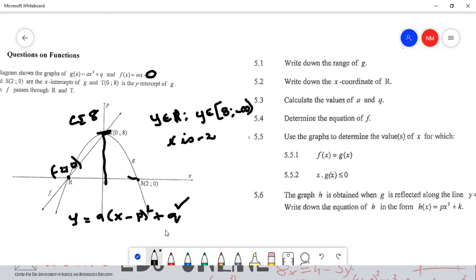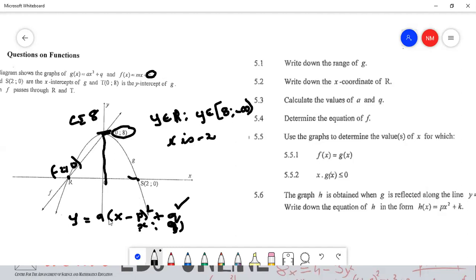P is the value of x at the turning point, and q is the value of y at the turning point.